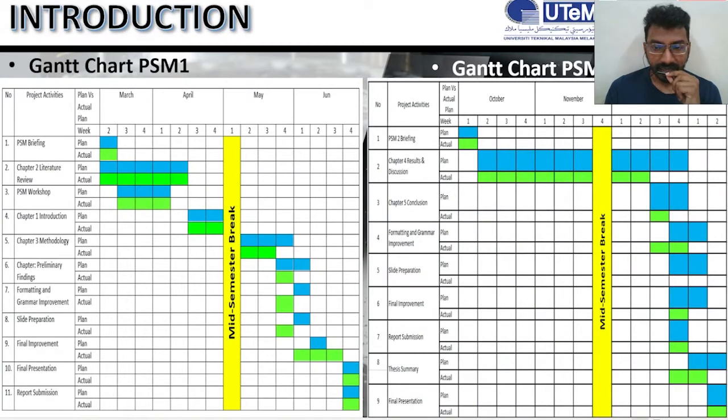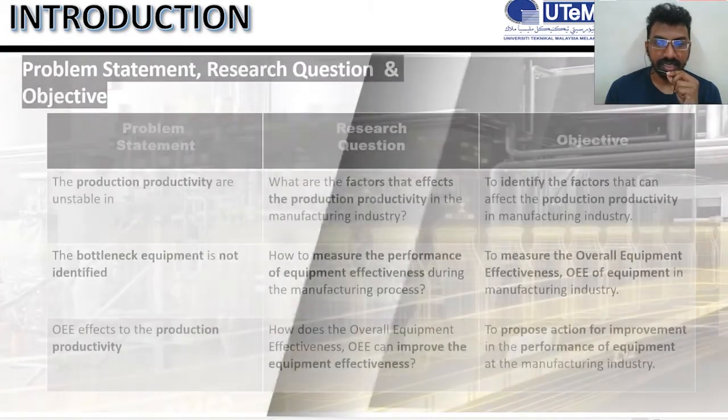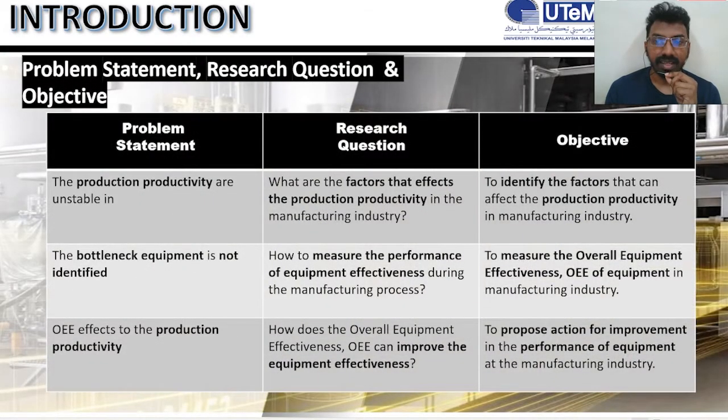We can see our Gantt chart for the final year project 1 and 2 together with their progress. Then we move on to our research problem statement, research question, and objective. As we can see in today's manufacturing companies, the main problem is that the production is unstable and they could not identify the bottleneck equipment.